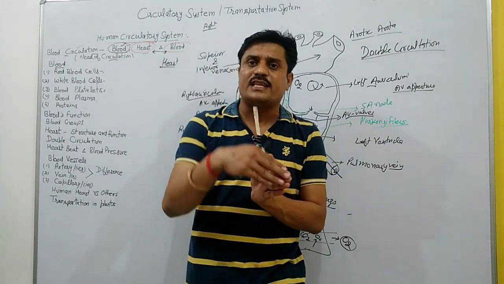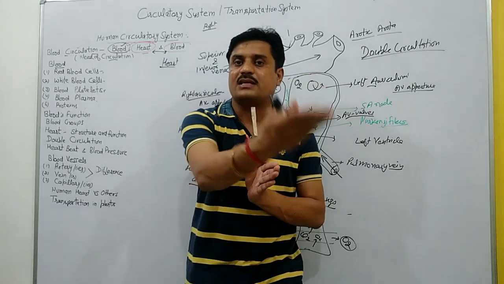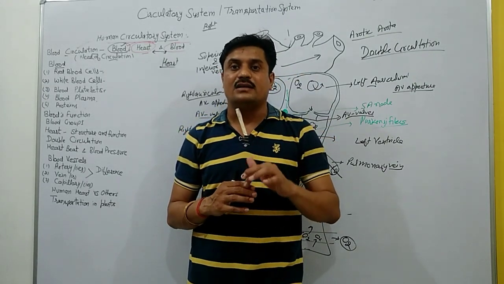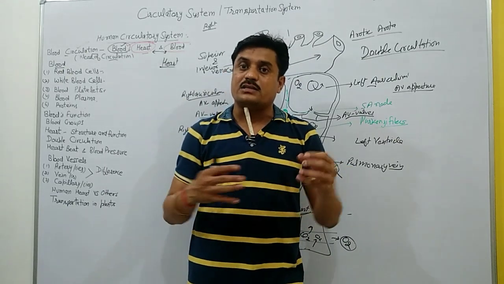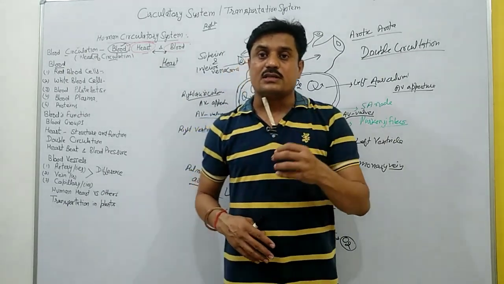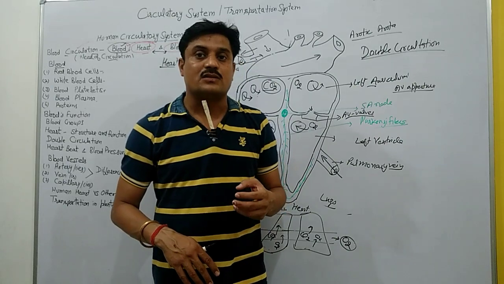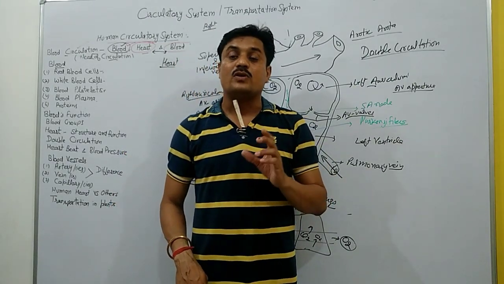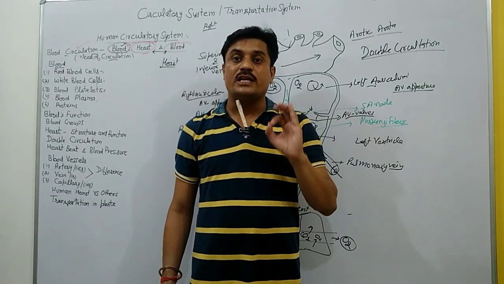So through the same organ they release carbon dioxide in the water and take oxygen from water into the blood, and it is mixed properly. So this is how double circulation is required in higher organisms like mammals, because of the more need of oxygen.